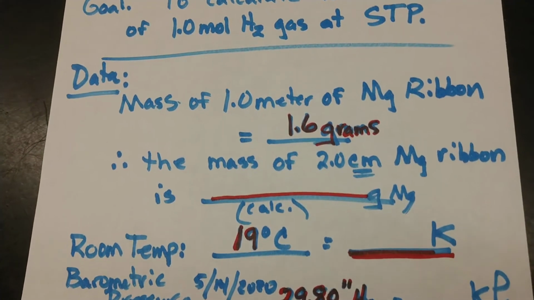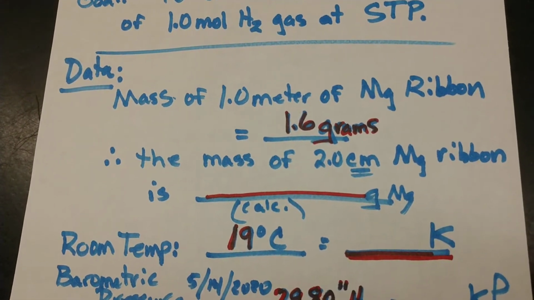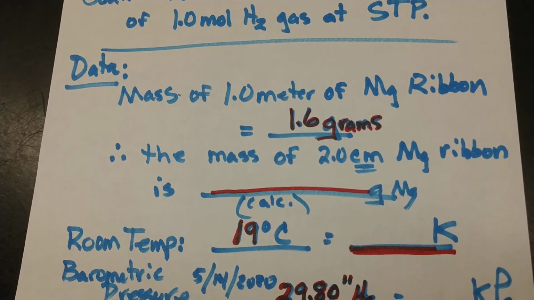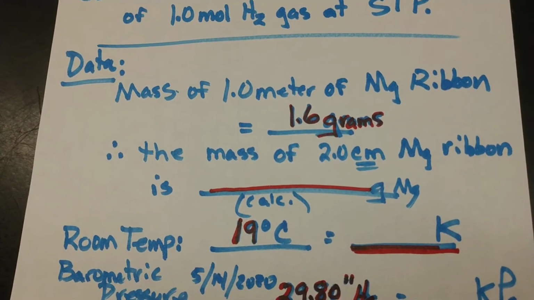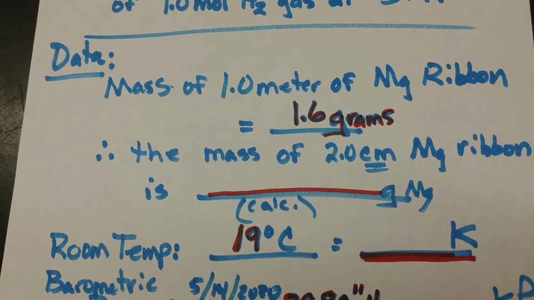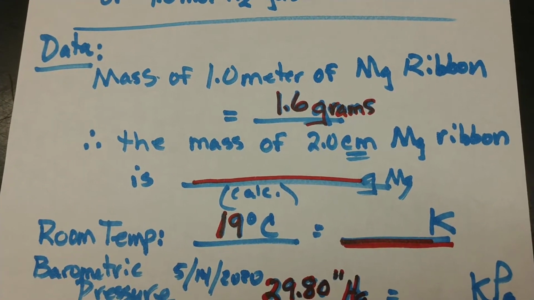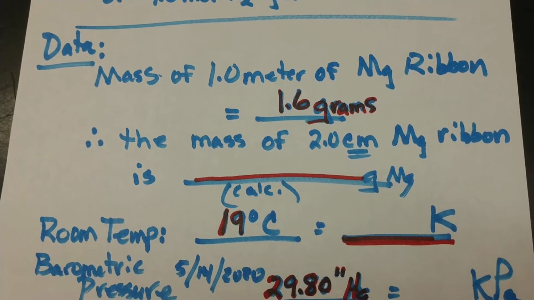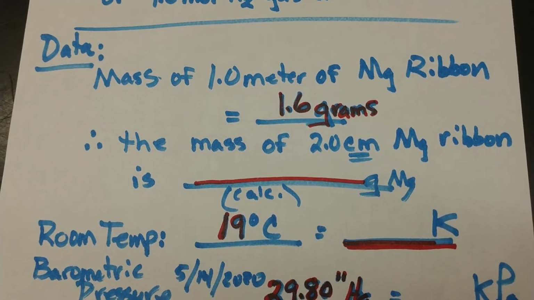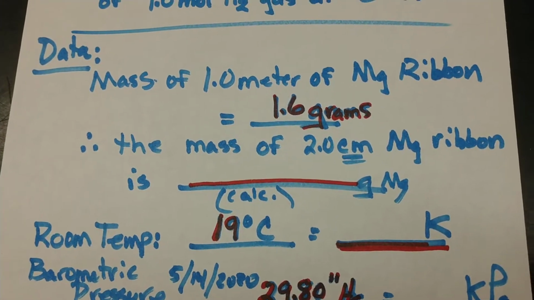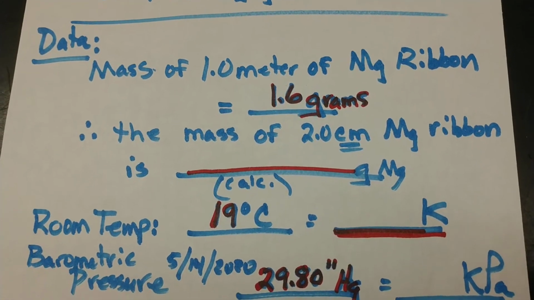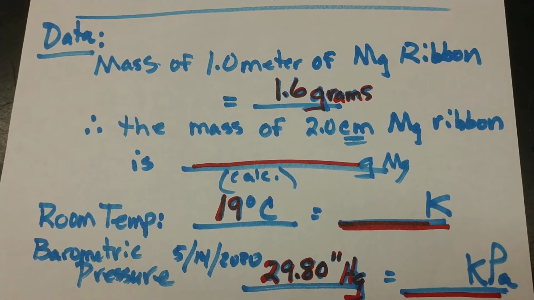So I mentioned to you already that 1 meter of magnesium ribbon weighs 1.6 grams. What's highlighted in red is you need to figure out how much 2 centimeters of magnesium ribbon is going to weigh. So that's going to be an important mass value that you convert to moles, so you know how many moles of magnesium were used in this reaction.